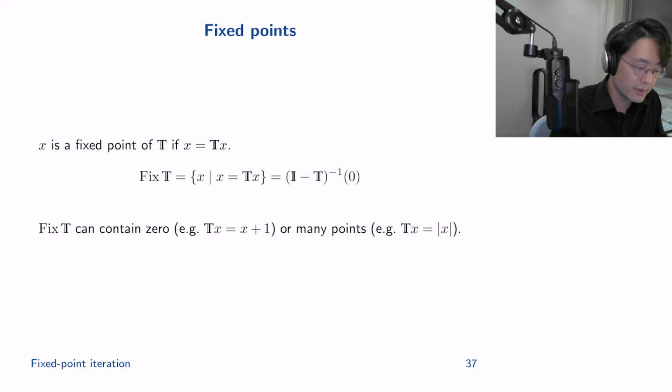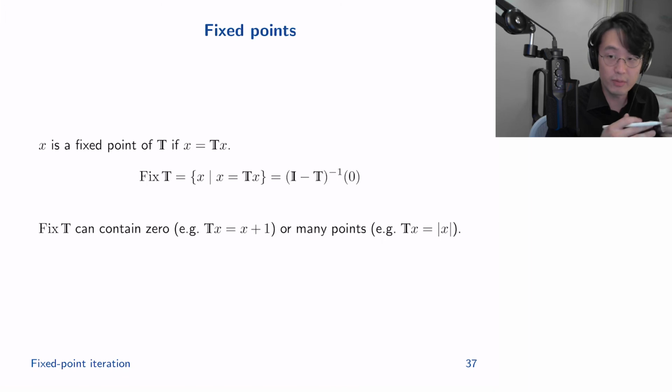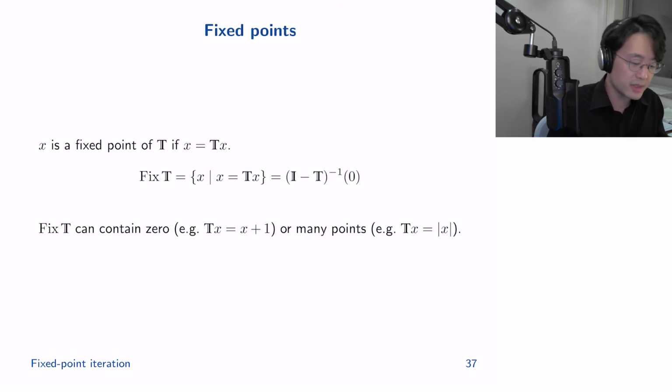So, for example, if we consider the operator T that takes a scalar input x and then increases the value of the input by just 1, or for whatever positive value, we can think of this as a shift operator, and that operator doesn't have any fixed points.